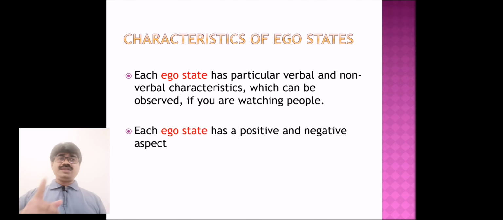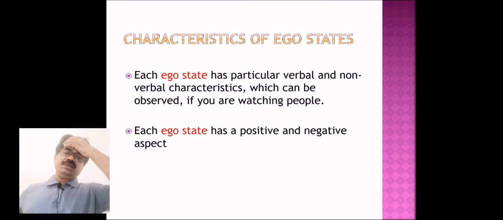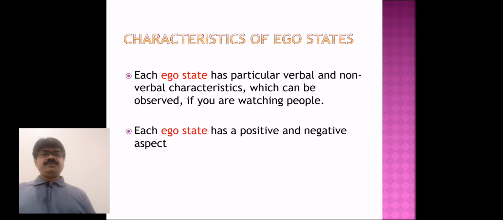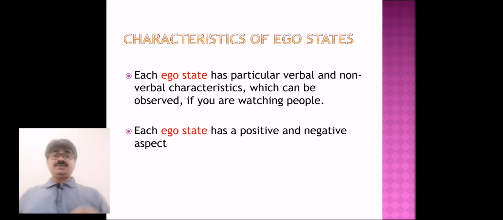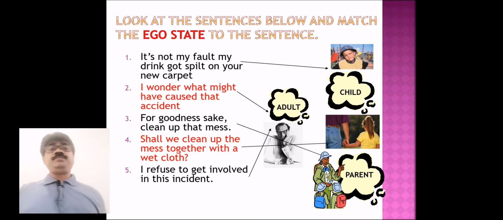You can observe this by watching people. Keep watching people from today onwards and you will understand that people are in different ego states. When somebody is scolding you, he is in his parent ego state. Every ego state has a positive and a negative aspect.